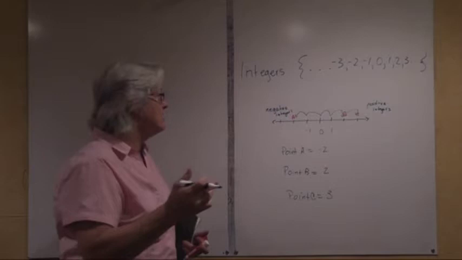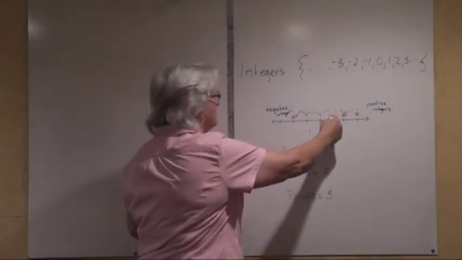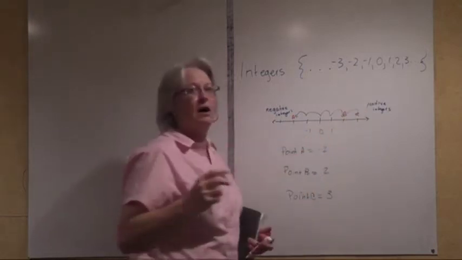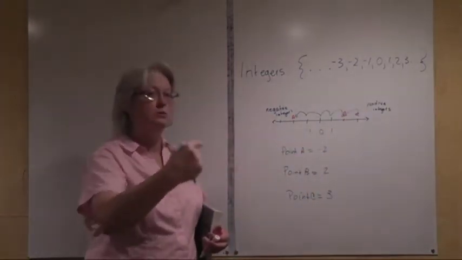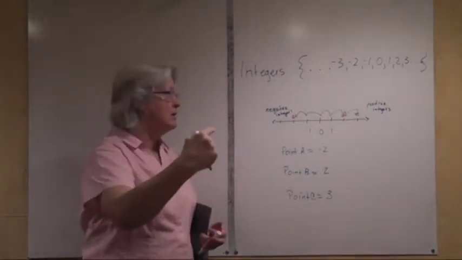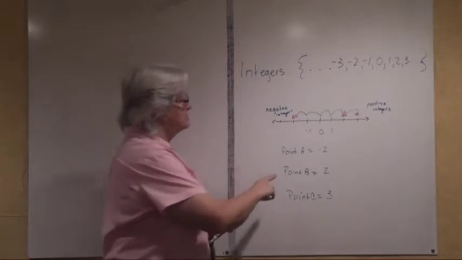So what you're seeing here is that you identify the location of a number on a number line by how many units from 0, either to the right or to the left, that number is.